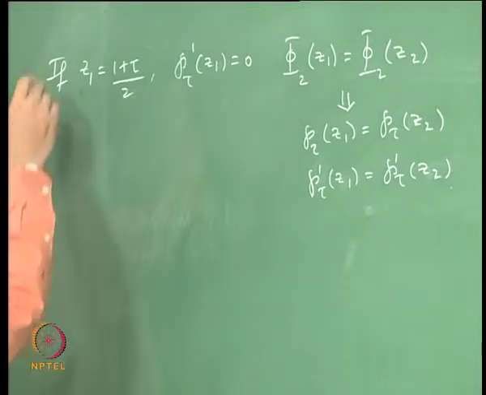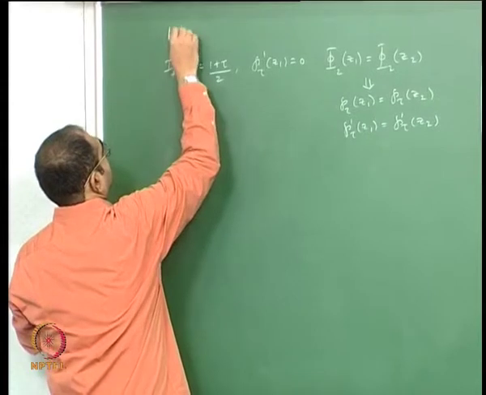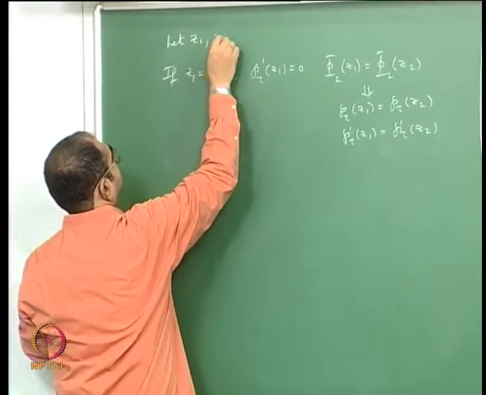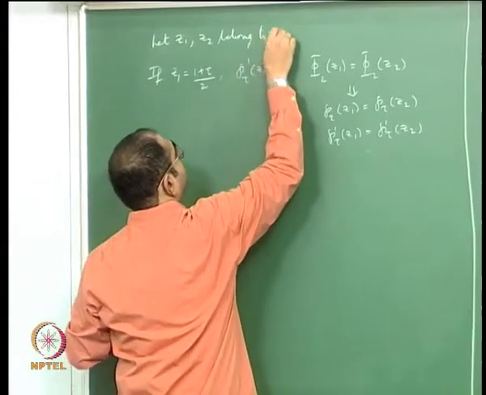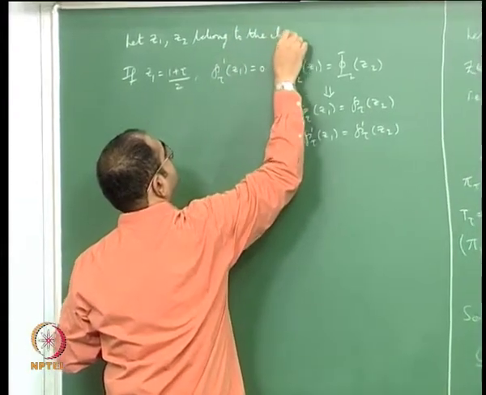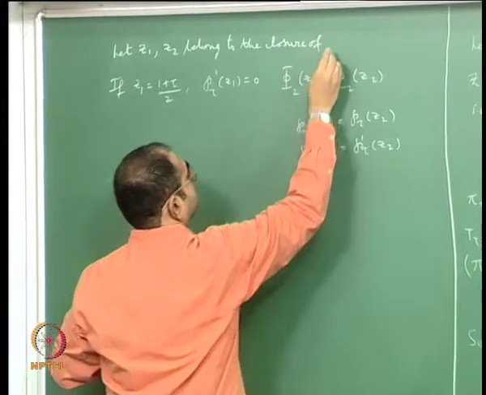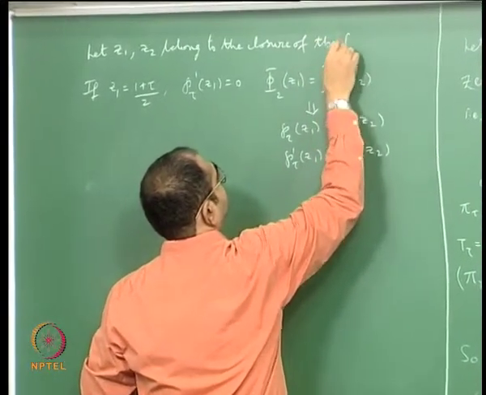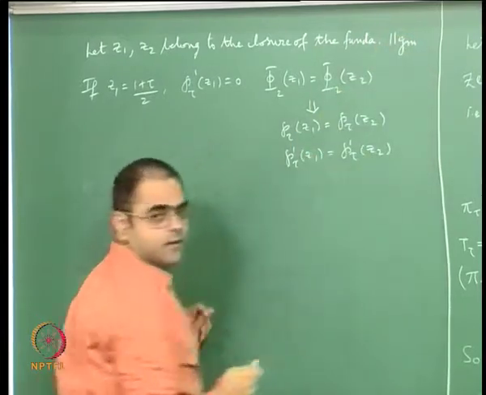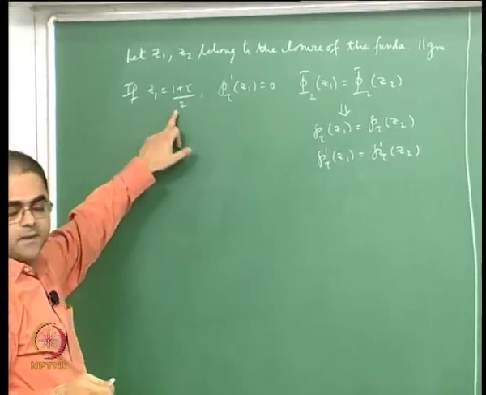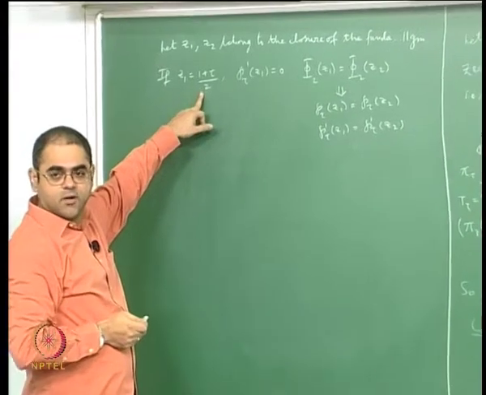okay. So let z1, z2 belong to the closure of the fundamental parallelogram, and you take z1 to be this 0 at the center of phi prime.